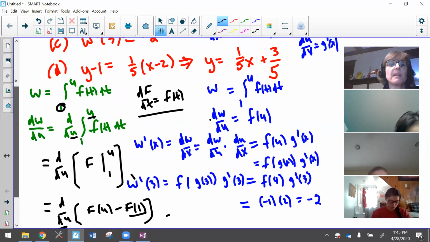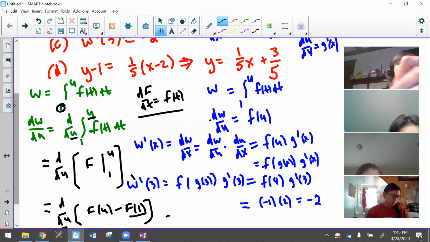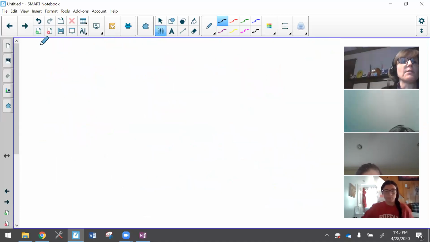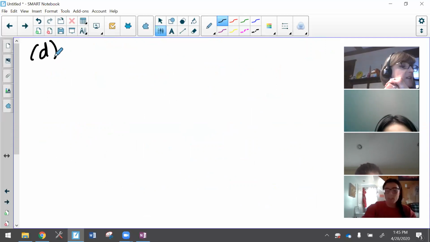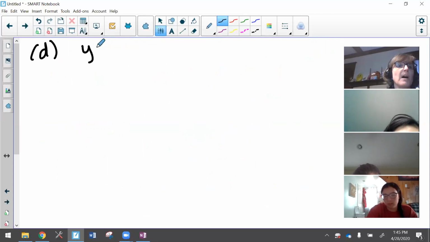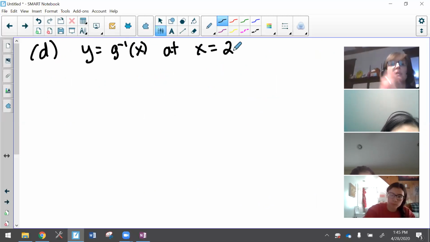Okay. All right, so we needed to talk about part D. Let me find my notes here. So let's just take a new page here for D. D says if g inverse is the inverse function of g, write an equation for the tangent line to the graph of y equals g inverse of x at x equals 2.